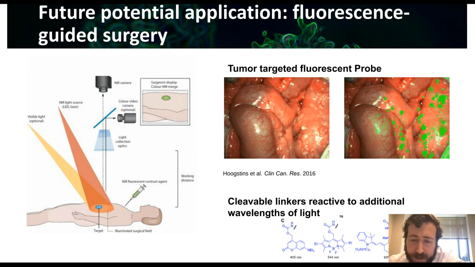And so what we're trying to do is to also create cleavable or activatable linkers that are reactive to other wavelengths of light, so in the near infrared wavelengths, to hopefully use them in this type of therapy.